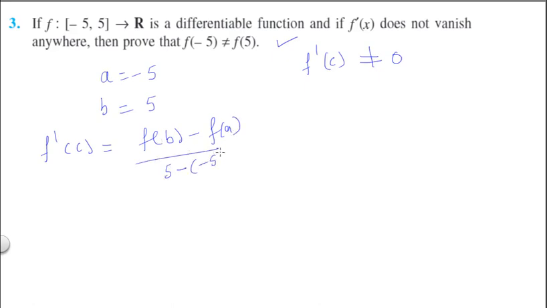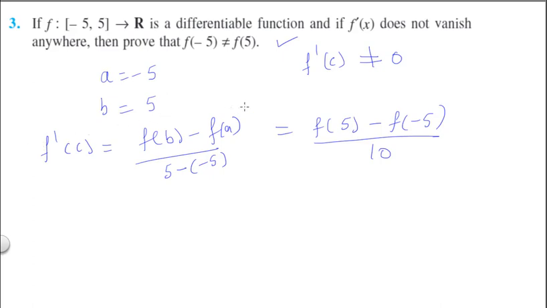So we can write this in terms of the numerical values for b and a, which are 5 and minus 5, divided by 10.